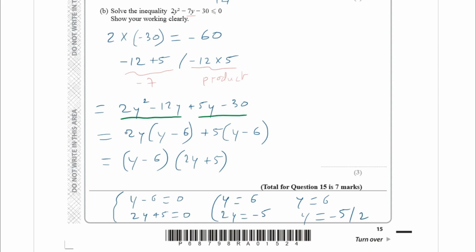So solving this quadratic is going to allow you to find the two spots on this axis, which in this case is going to be the y-axis, where the quadratic crosses the axis.